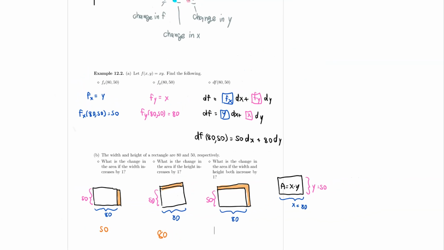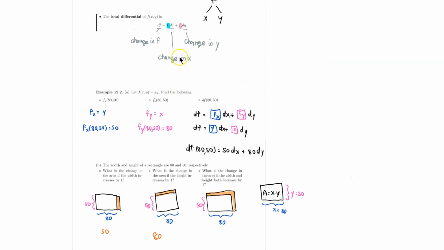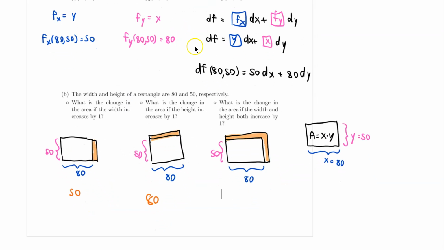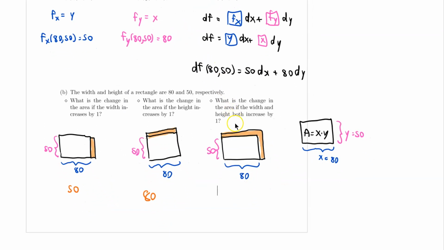And that's why in the formula that we have here, we add the change that results from the change in x to the change that results from the change in y. So I can approximate that the area is going to change by about 50 plus 80, which is about 130. So that's approximately 130.